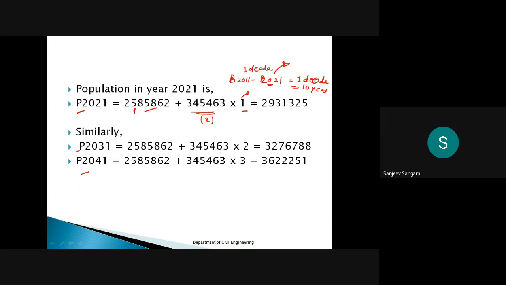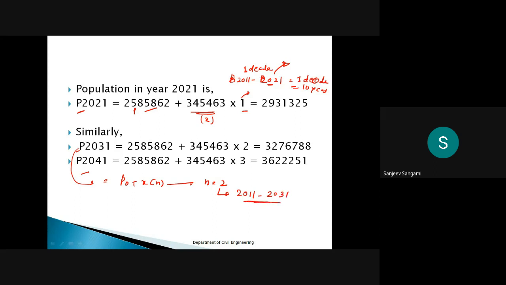Then P at 2021. Again, it will be similar: P naught plus X will remain the same, but N will change. It will become N equal to 2. Why? Because 2011 is the last known decade population, and then we want to calculate it for 2031.